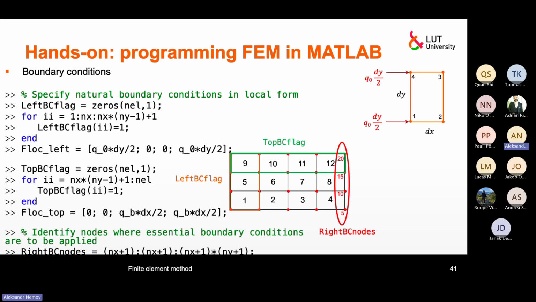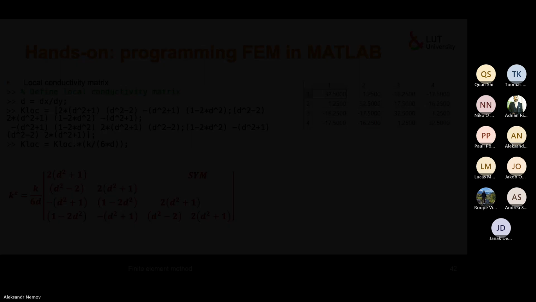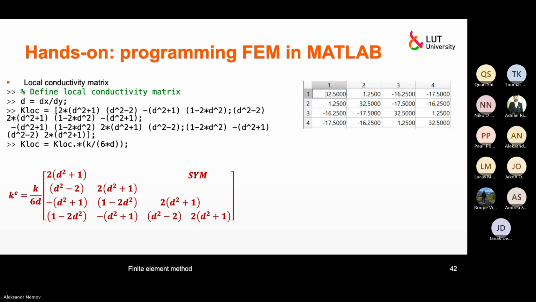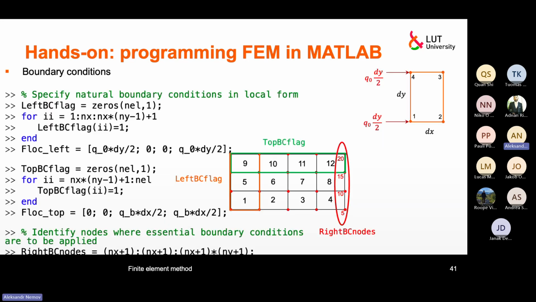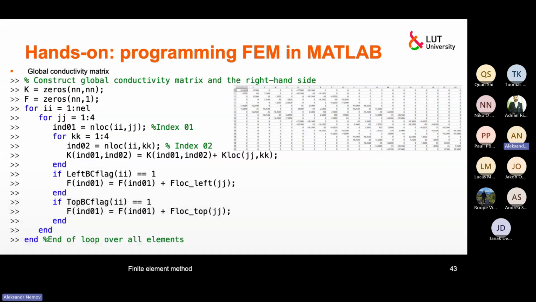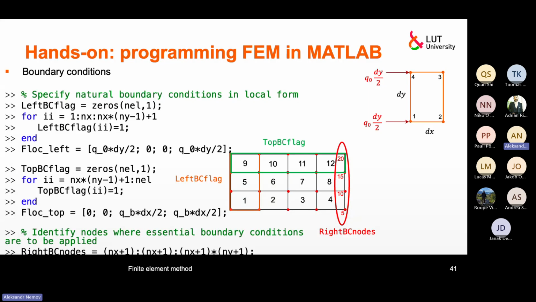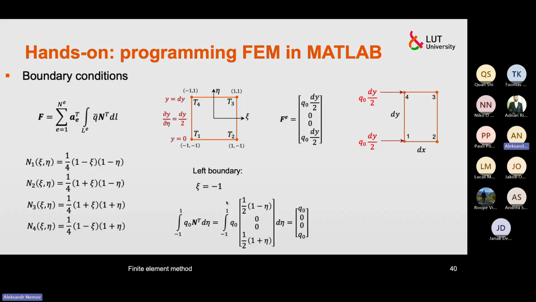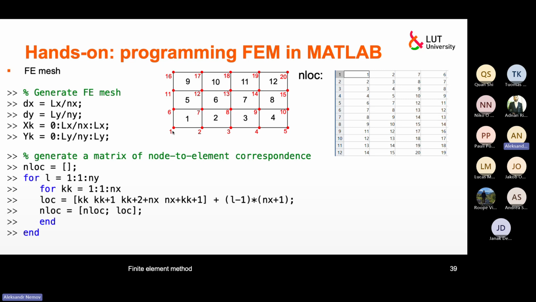What could be different? So in the right-hand side, if you look at my right-hand side at nodes, let's say the first element in the F, what do you have there?